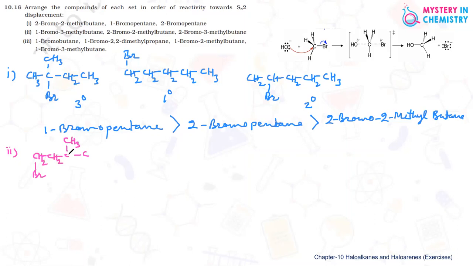So remaining hydrogen we can write here, and this should be the structure of the first compound, CH3. So this is 1-bromo-3-methyl butane.